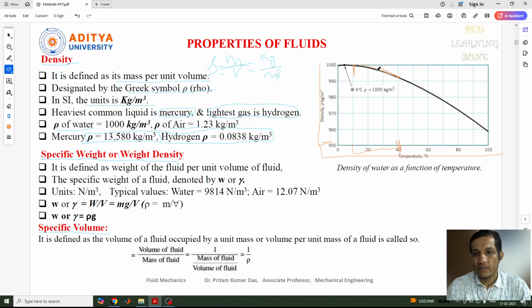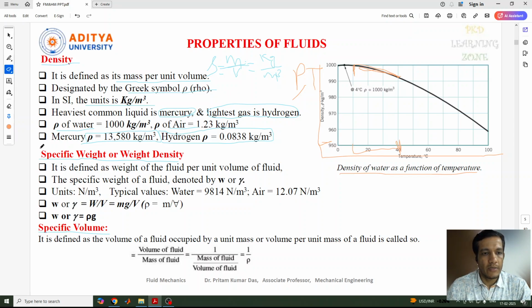So there is little variation in this range, near the standard temperature, and we can say it is nearly constant, but every liquid is not like that. So density is a function of pressure and temperature. This is one property of the fluid.